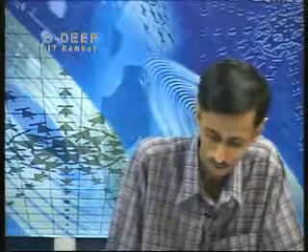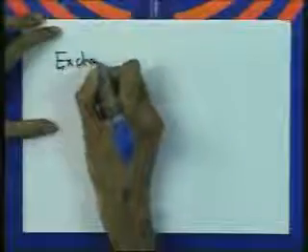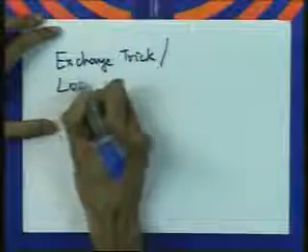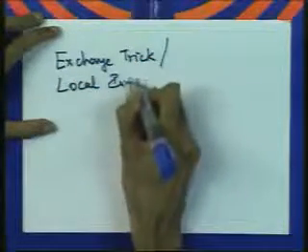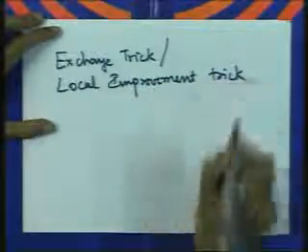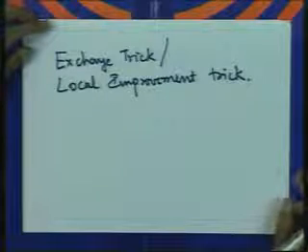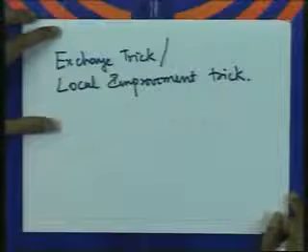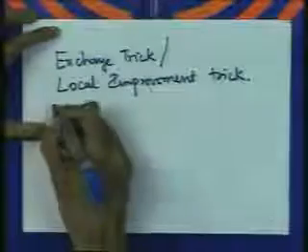Okay, so here's the exchange trick, which I'm going to tell you in a very hand wavy fashion. Here's the exchange trick, or the local improvement trick. In this trick, what you do is this.